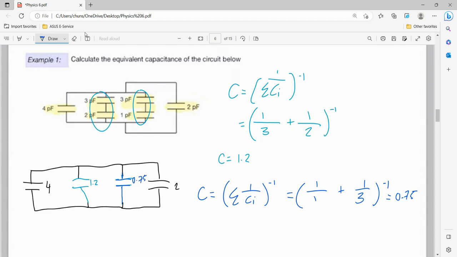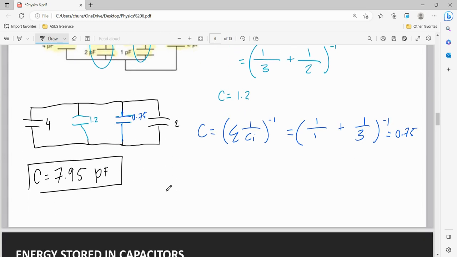Now that we've got our whole system in parallel, our total capacitance is just adding each one up. So this is 4 plus 1.2 plus 0.75 plus 2, and our total capacitance is 7.95 picofarads. That is our equivalent capacitance.